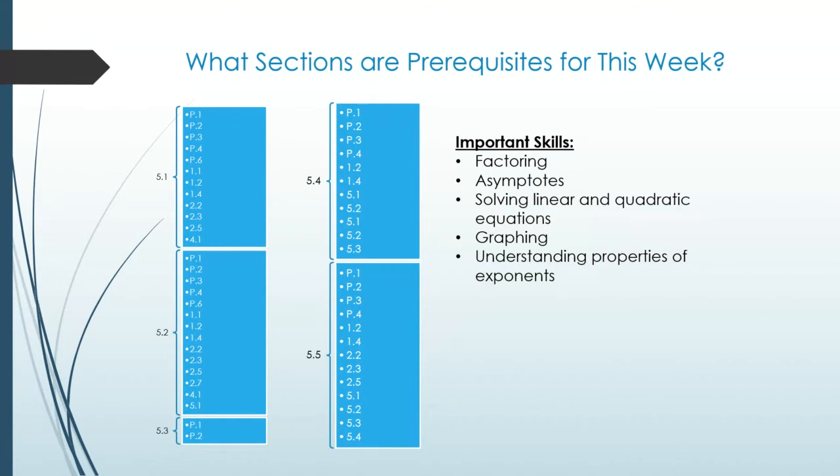I believe that was P.3. If you don't quite remember those, you may want to go back and review P.3 to refresh yourself on all of those properties. Those will be really handy at the live session on Saturday because the properties of logarithms are based off of the properties of exponents.